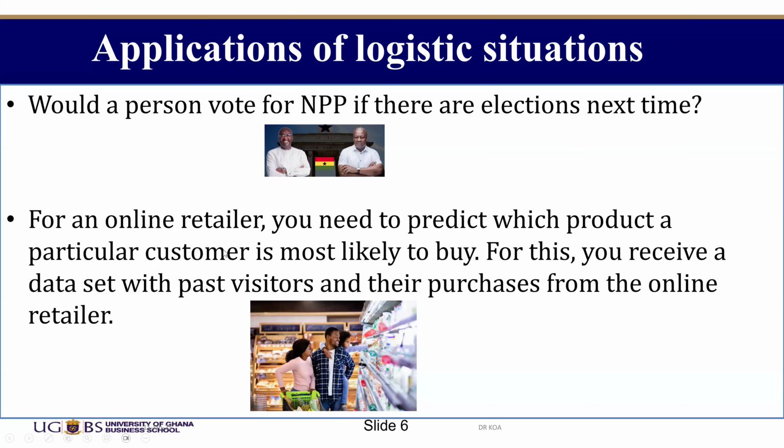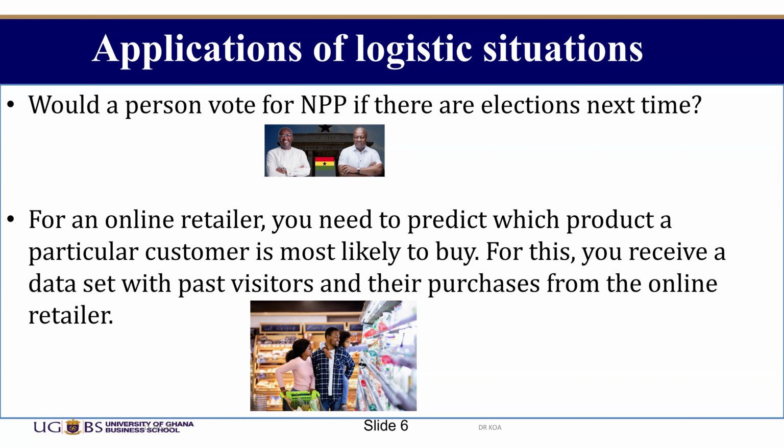If you have an online retailer like Amazon or Alibaba, you need to predict which product a particular customer is most likely to buy. If a person buys a mobile phone, the likelihood of the person buying a charger is high. If a person buys tomatoes, the likelihood of the person buying other vegetables is high.